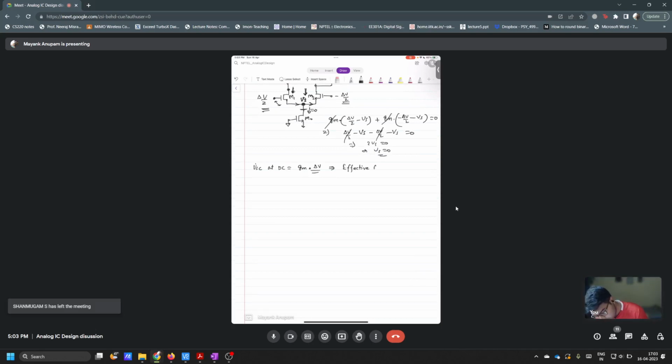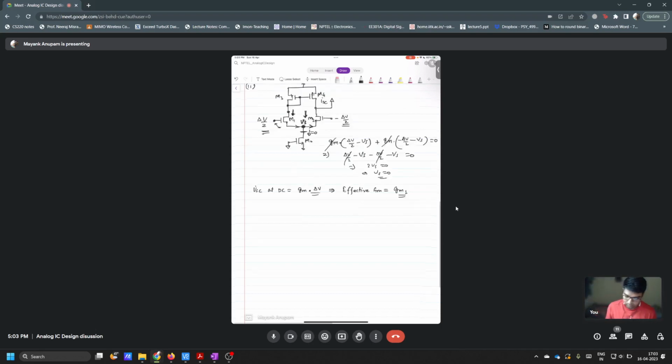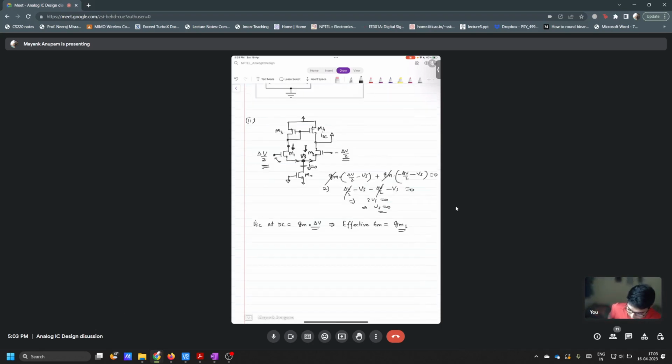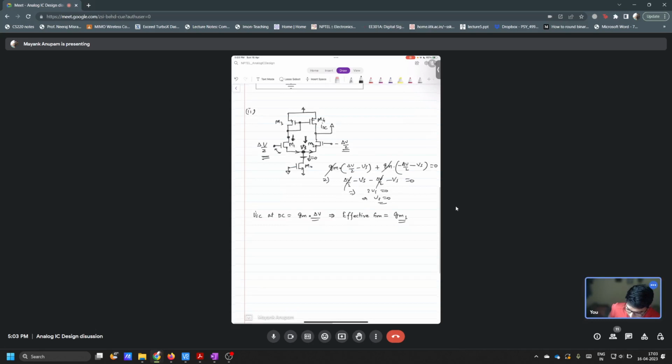GM1. Is it actually equal to GM1? Yes, sir. So is this correct, by the way? Or is there something wrong with this experiment? Have I made some mistake here?